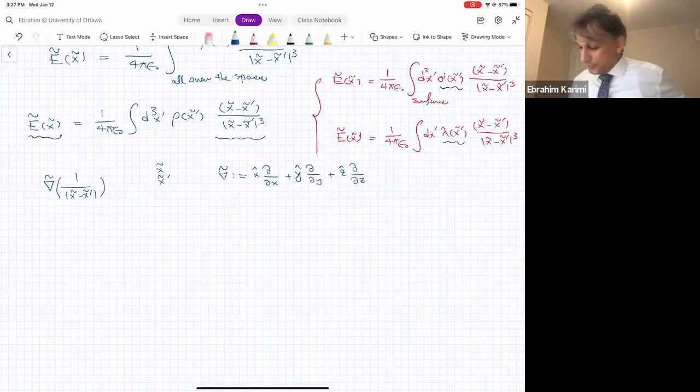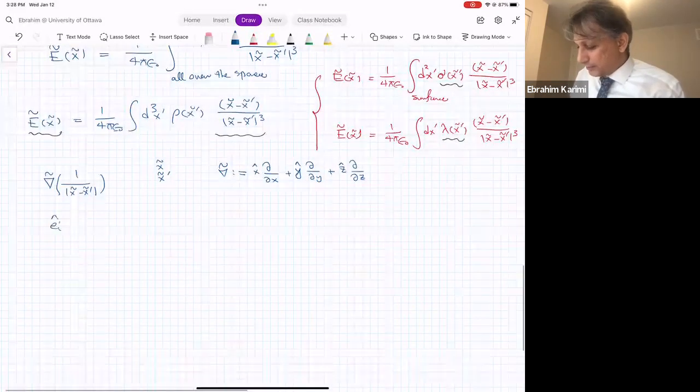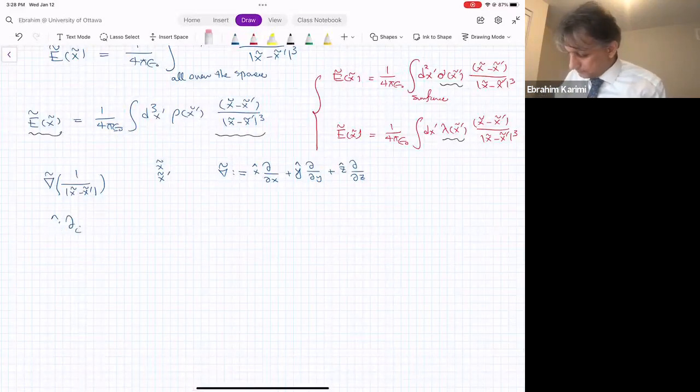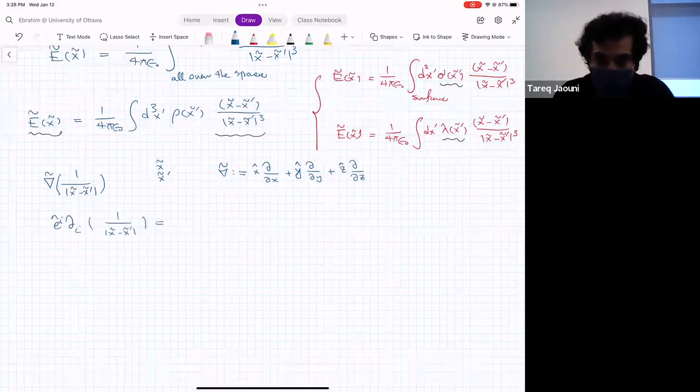So I'm using this notation. Gradient for me is e_i times the derivative with respect to x_i, of 1 divided by the magnitude of x minus x prime. What does it mean?